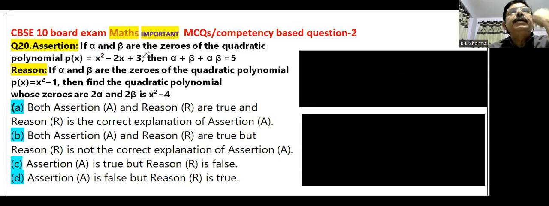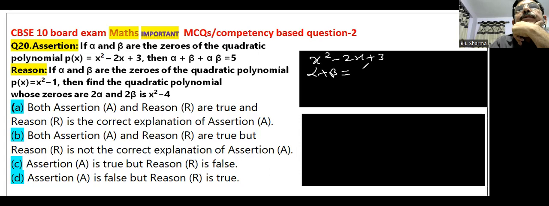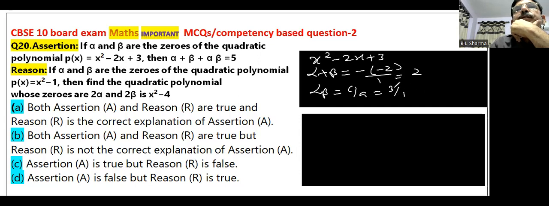If alpha and beta are the zeros of the quadratic polynomial x square minus 2x plus 3, then alpha plus beta plus alpha into beta is 5. We have to check it. देखिए हमें equation दे रखा है x square minus 2x plus 3. Sum of zeros is given by the coefficient of x upon coefficient of x square, that is 2, and product of zeros is given by constant term upon coefficient of x square, that is 3 upon 1.